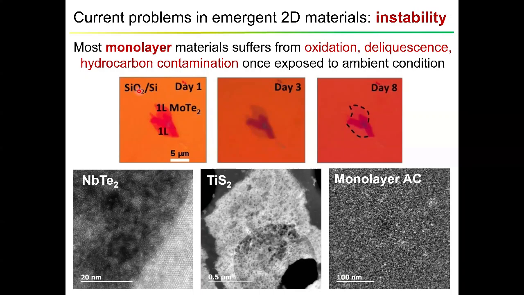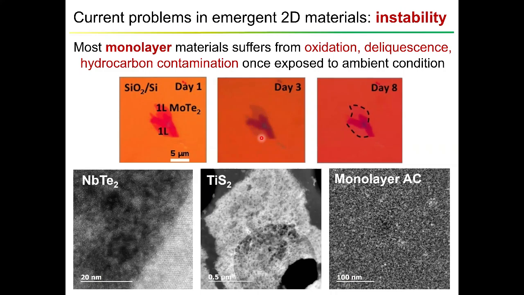Let me give you an example. This is a monolayer topological material called molybdenum ditelluride. Once it is exfoliated onto the substrate and exposed to air, the color fades very quickly, which means the material gets oxidized very quickly.